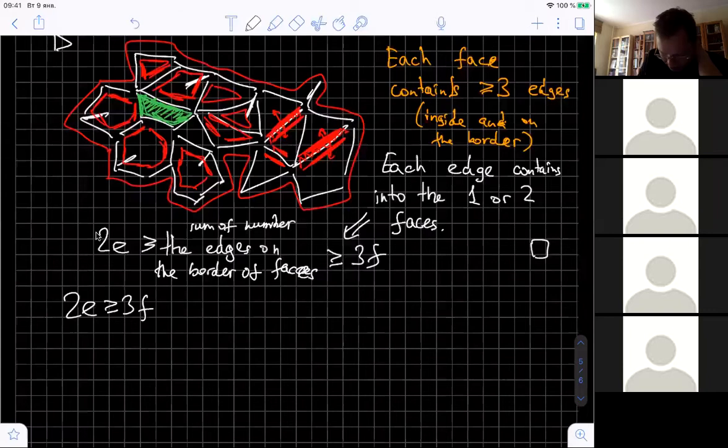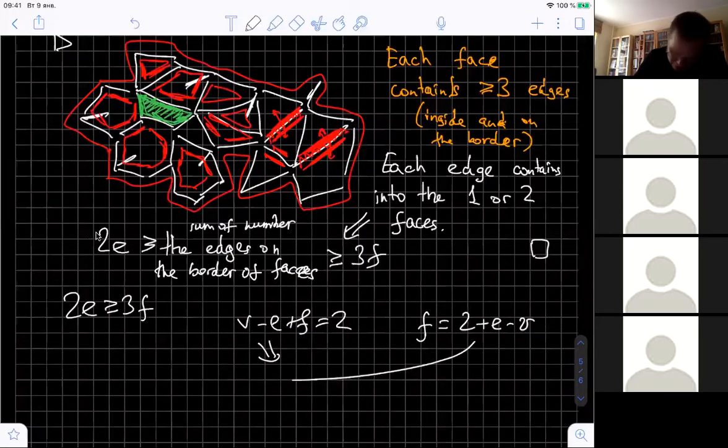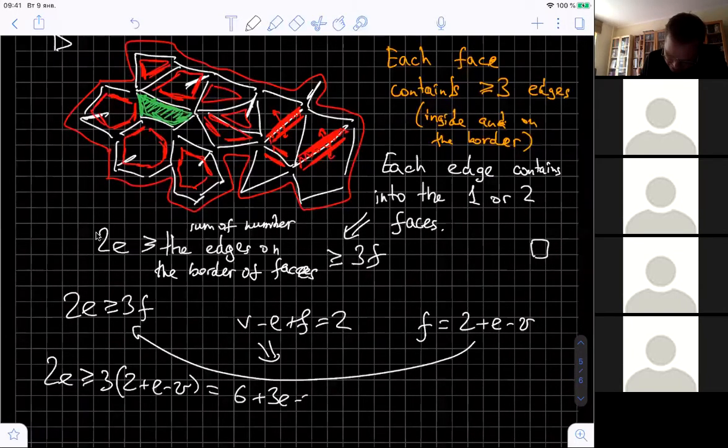And if I use this formula, for connected graphs I can just take that f is equal to 2 plus e minus v. And so here we'll have 2e is greater than 3 times 2 plus e minus v, which is equal to 6 plus 3e minus 3v.